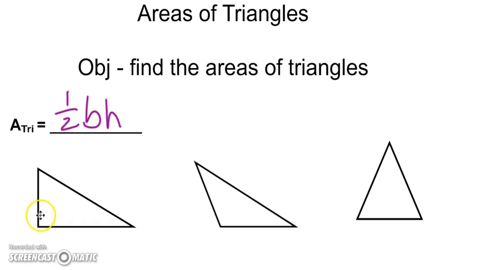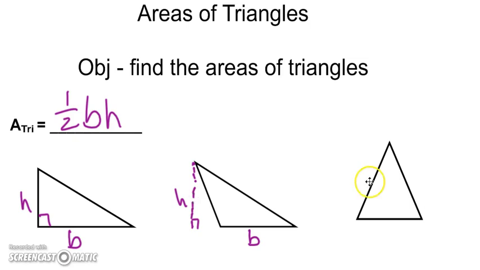If we have a right triangle, for example, it's very easy to find the base and the height. If we have an obtuse triangle, then we have the base that is given to us, and then what we have to do is envision the height always makes a right angle with the base. So this would actually be our height, which is outside of the triangle.